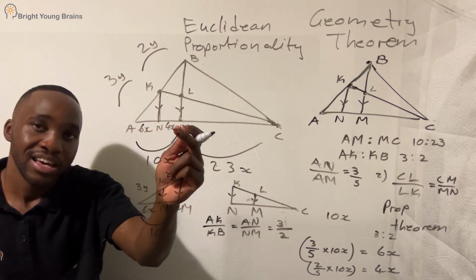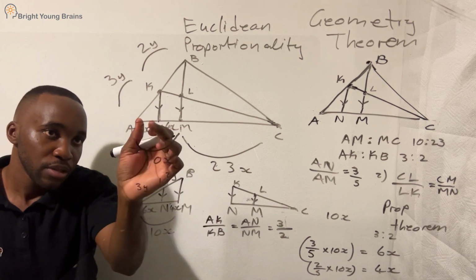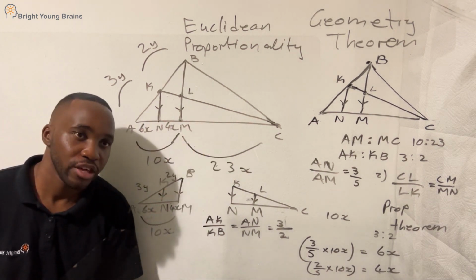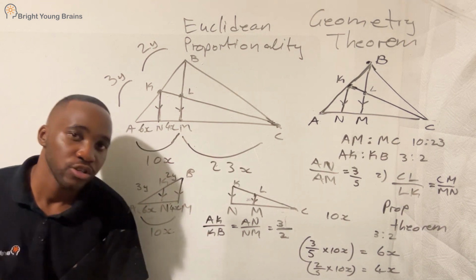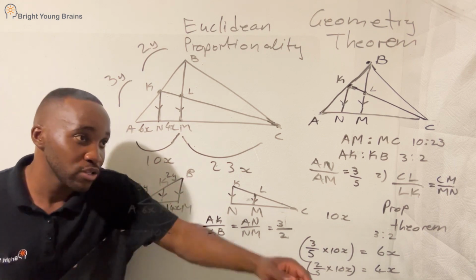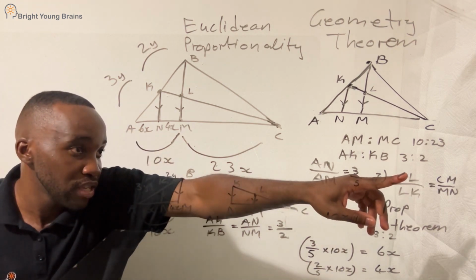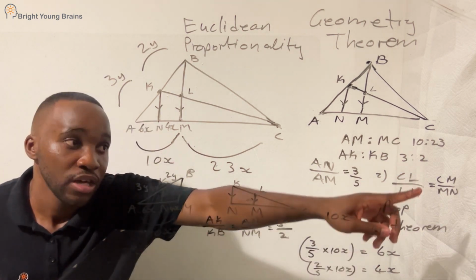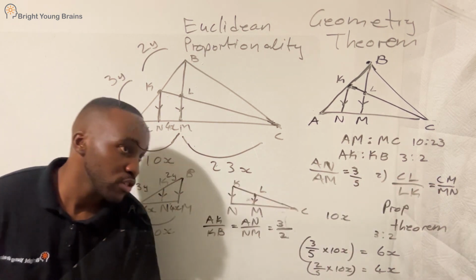Because for your big picture now, you know that this is just 6x, this is just 4x, and together they make 10x. So now you have something for this small portion, something for this small portion, and something for that entire portion over there, which is the whole 23x. Now your answer is done, because you can easily work out what CL over LK is. We said that CL over LK is equal to this using the proportionality theorem.